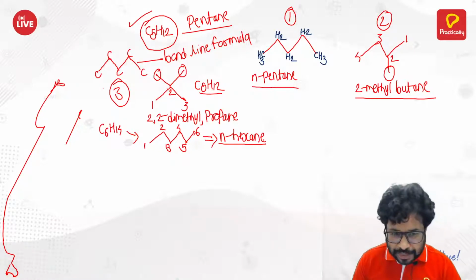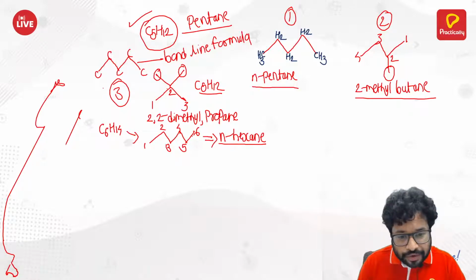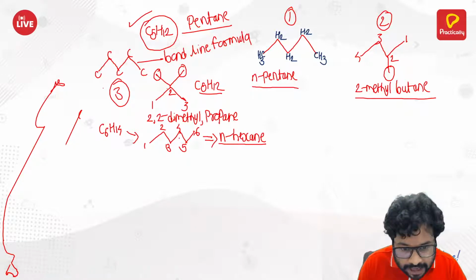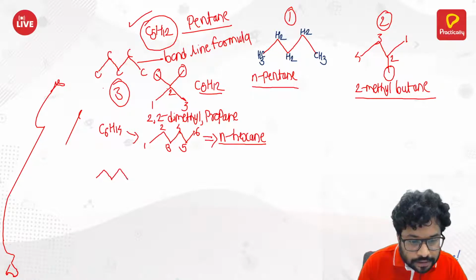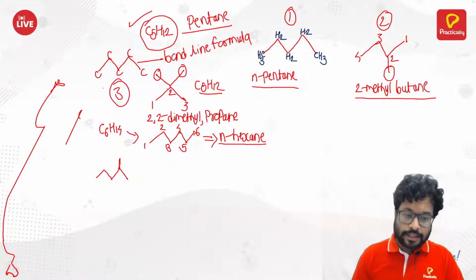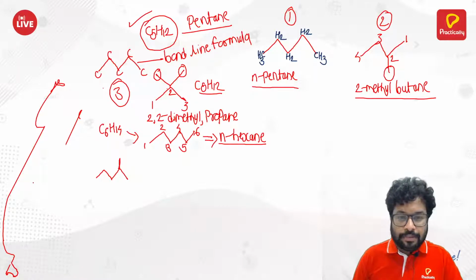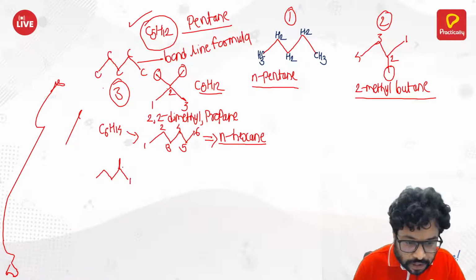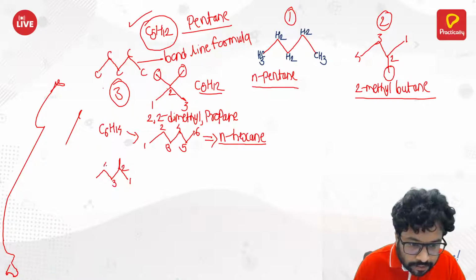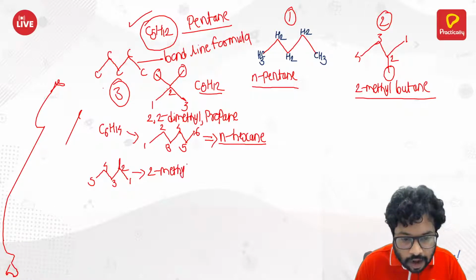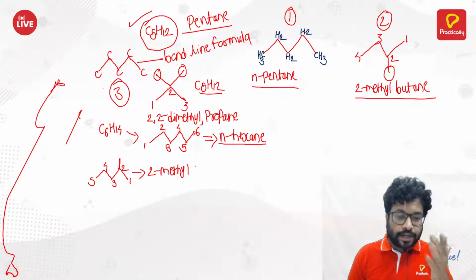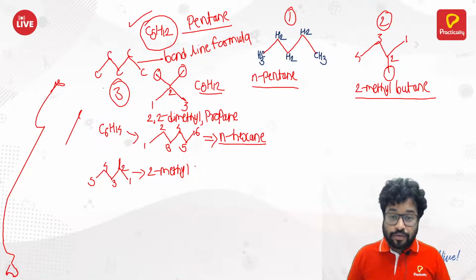Now, secondly, what do you do? You take one of these segments and just attach it here. Then you will get the second isomer. See, this is your second isomer. Now, how would you name it again? 1, 2, 3, 4, 5. How would you name it? 2-methyl. How many carbon atoms are there in the longest chain? 5. They are going to be different.